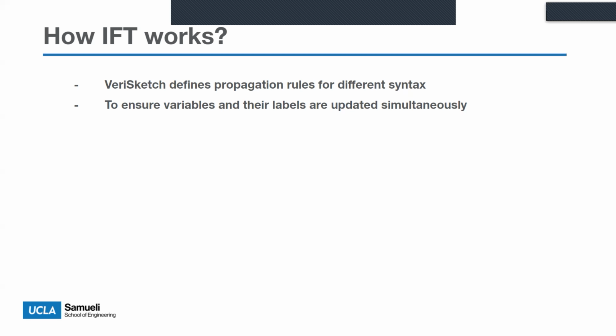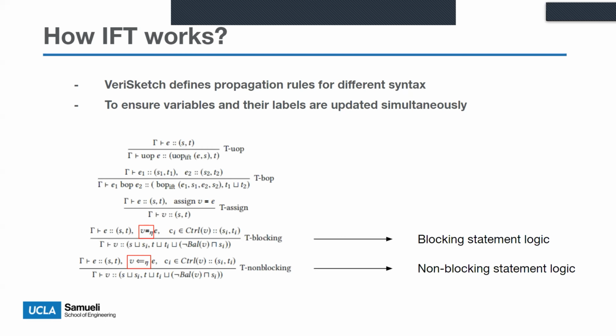The goal of doing this is to make sure that the variables and their labels are updated simultaneously, and this enables modeling labels and inference rules with standard Verilog syntax. Here's the formula of the propagation of blocking and non-blocking assignment. We can see that in the red box, it uses the blocking and non-blocking symbols respectively to match the Verilog syntax.